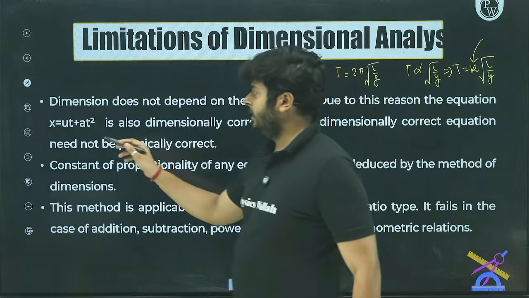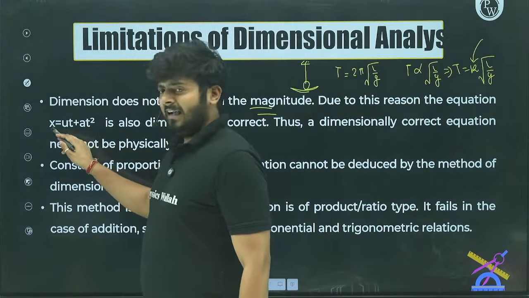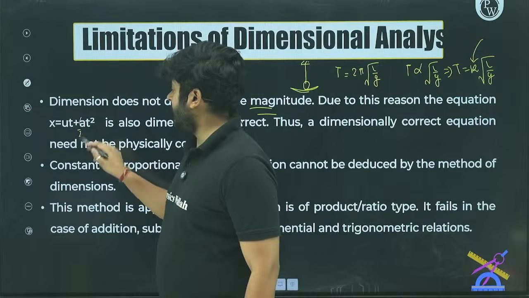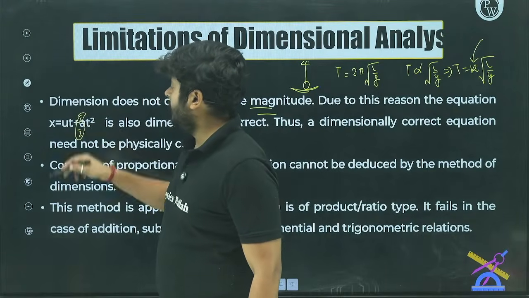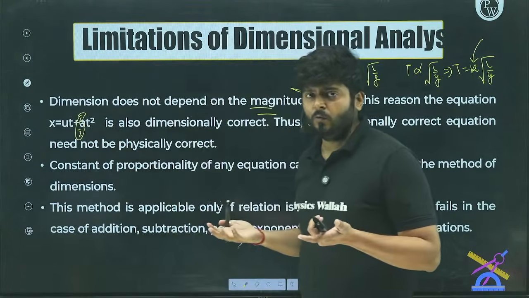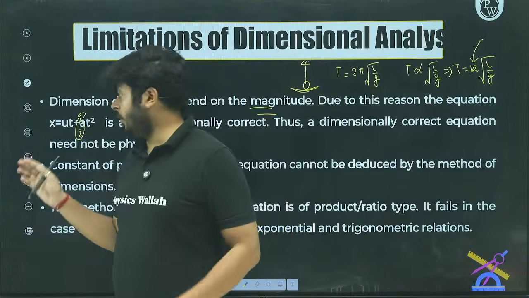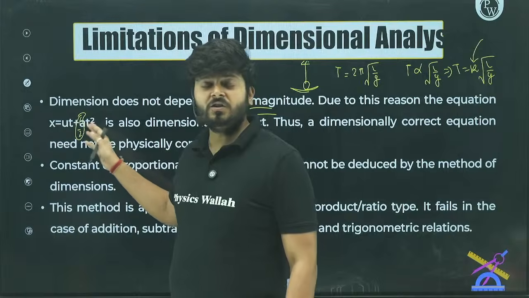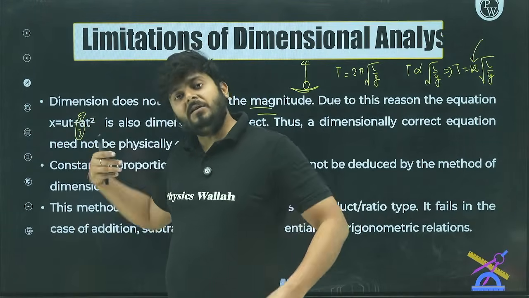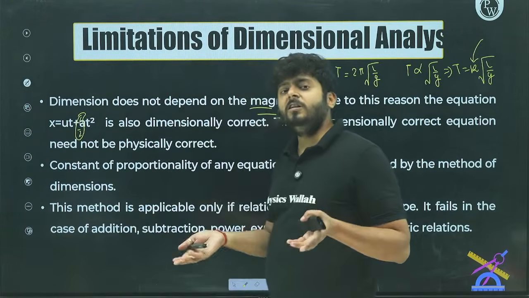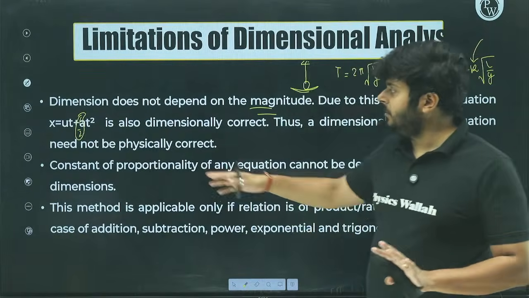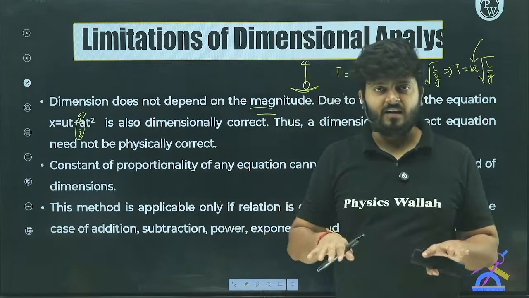You see that x is ut plus half at squared, that is correct, but these constants do not have any dimensions. Of course, if you don't include this half, the equation is incorrect, but it is dimensionally correct. So if the equation is dimensionally correct, it doesn't mean that the equation is complete or correct itself.